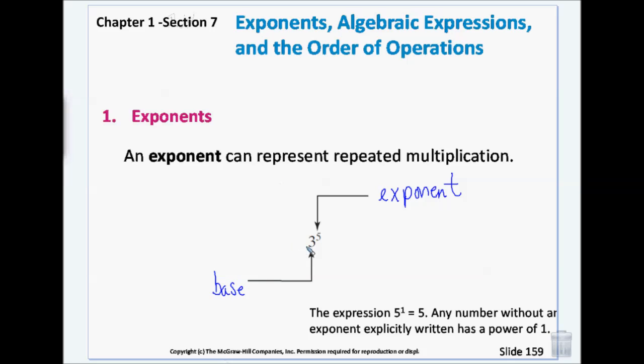Okay? So if I have 3 to the 5th, that's how you read that, that means I'm taking 3 and multiplying it by itself 5 times. If I do this, this is 9, and that's 27, and that's 81, and that's 243.